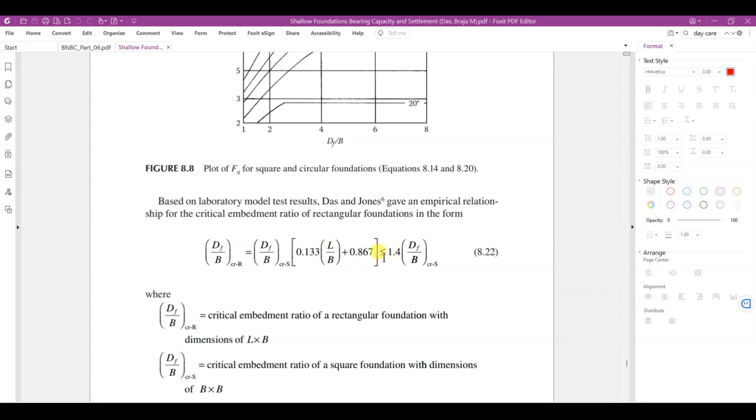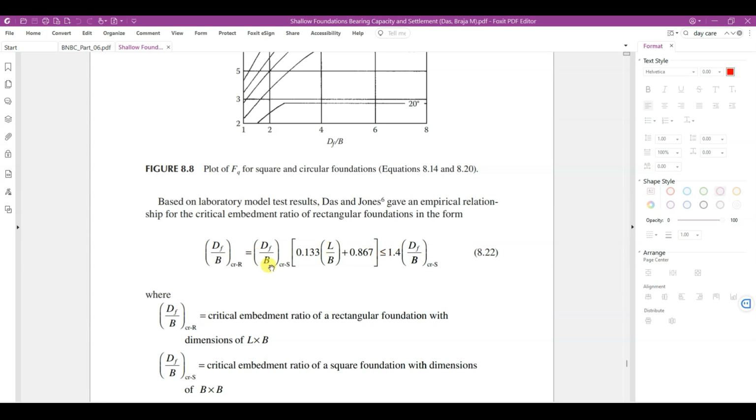This value cannot be higher than this value. Again, what we got previously is 1.4 for Df over B critical for a square foundation. We multiply the 4 by 1.4, then we get a data. Say, for example, the value of critical depth over B ratio for rectangular foundation will be the minimum of this first portion and second portion.